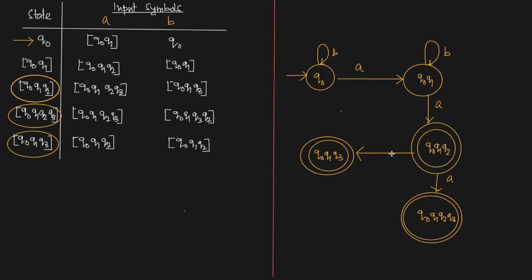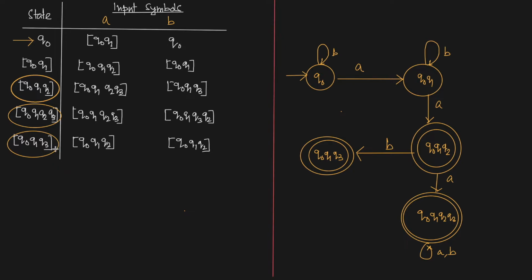So this is complete. Next, Q0 Q1 Q2 Q3 on A goes to Q0 Q1 Q2 Q3, so this is a self loop. Q0 Q1 Q2 Q3 on B goes to Q0 Q1 Q3.